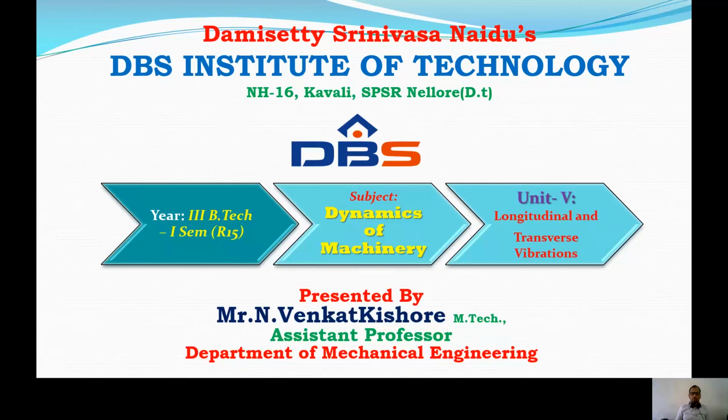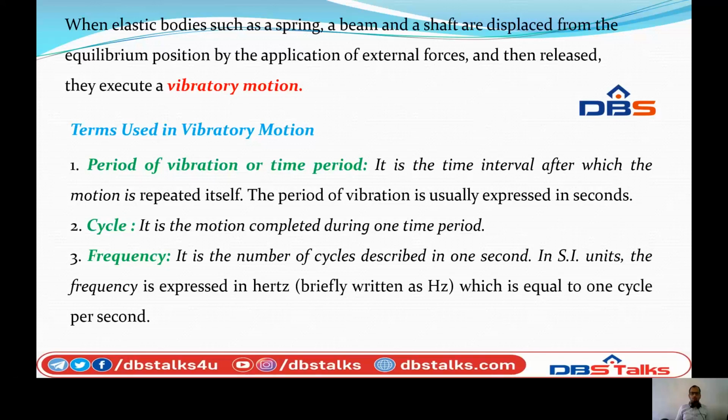So if you consider a ball placed over a spring, whenever an external force is applied on the spring, there is a deviation in the equilibrium position, the exact position. This change in the equilibrium position by applying an external force is known as vibration, and it is called a vibratory body.